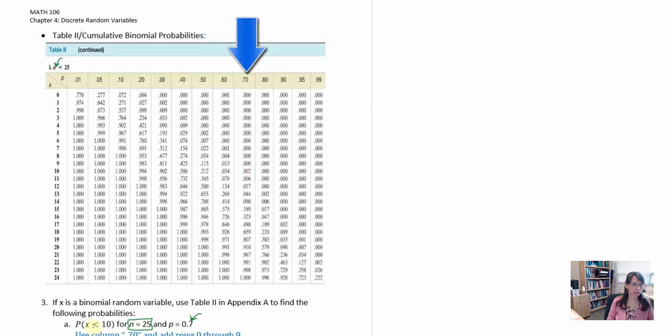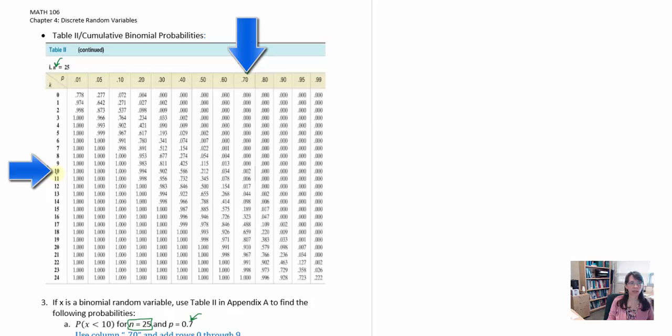The other detail that we need to know is we are looking for the probability that x is less than 10. In other words, which values of x are less than 10. It's important to note that 10 is not included here because we do not have the equal sign, only numbers that are smaller than 10. So we're looking along the rows on the side. First find row 10.